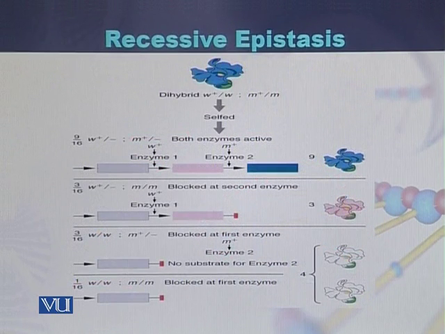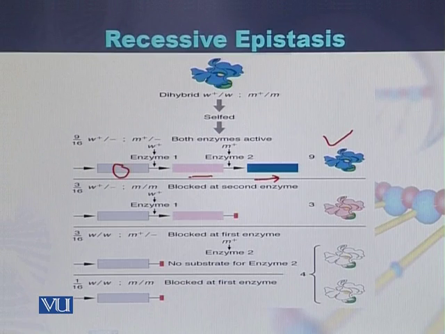Here we can also understand how the colorless is converted into the magenta color or into the blue color. If both the enzymes are active, then the product will be converted into the magenta color or the pink color, and it will be converted into the blue color. So the color of the flowers will be blue.